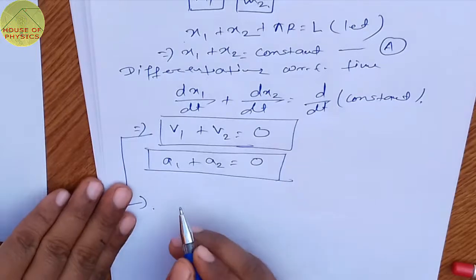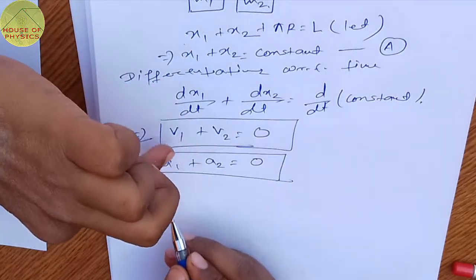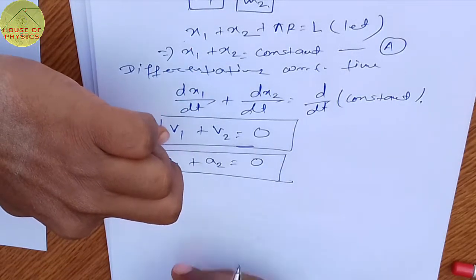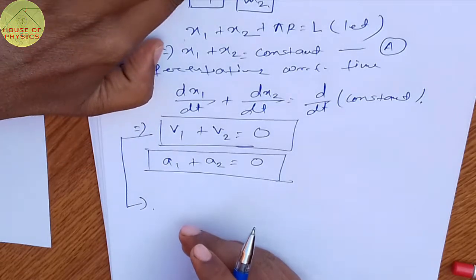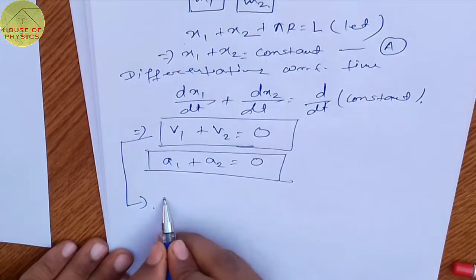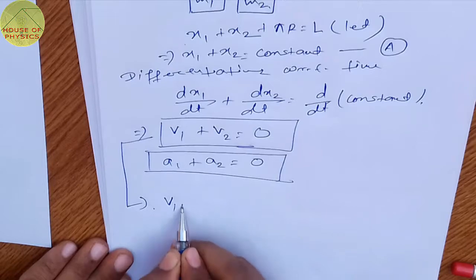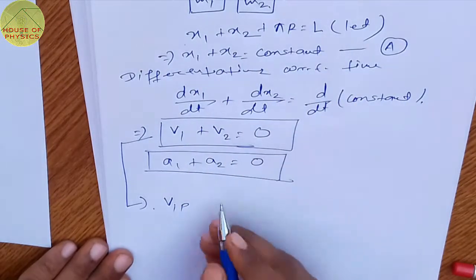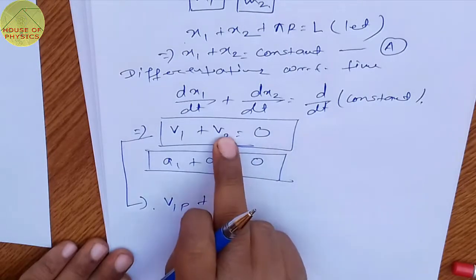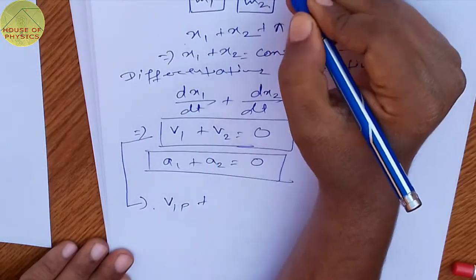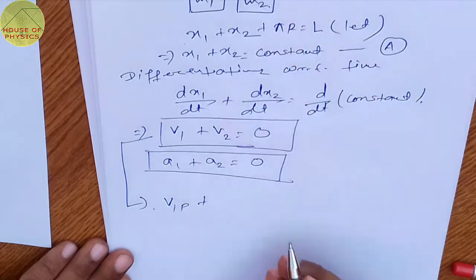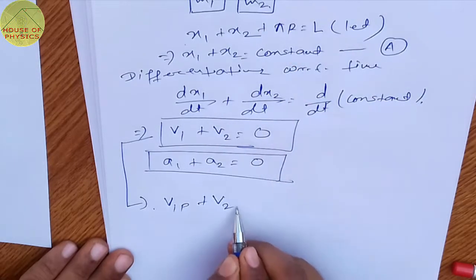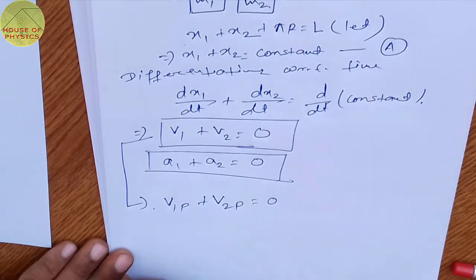So the observer identifying the velocity is sitting on the pulley. So this becomes velocity of block 1 with respect to pulley, plus similarly for V2, this length is measured from this pulley, so velocity of 2 with respect to pulley, equal to 0.